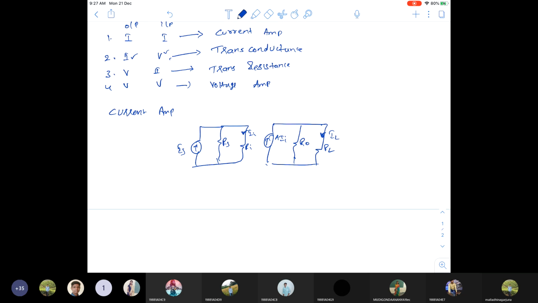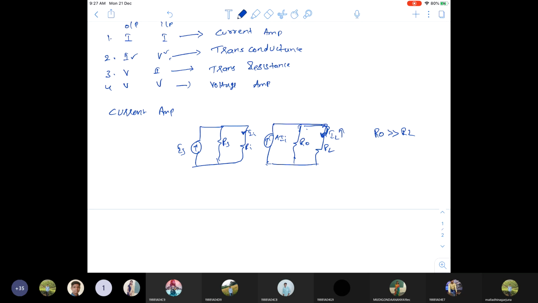We would like to get maximum gain. In order to get the maximum current, the load current should be high. So the relation between R0 and RL: R0 must be far greater than RL. Then only the current will not flow through R0, and it will come to this load resistance.